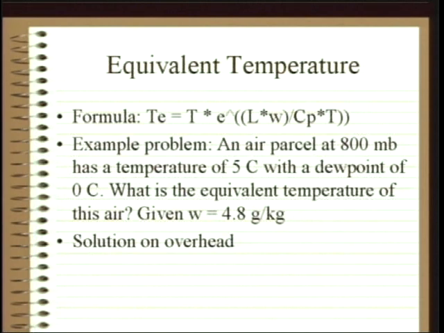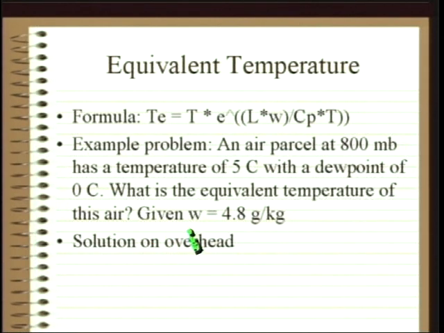So for an example problem, an air parcel at 800 millibars has a temperature of 5 degrees Celsius with a dew point of 0 Celsius. And we want to find what the equivalent temperature of this air is.